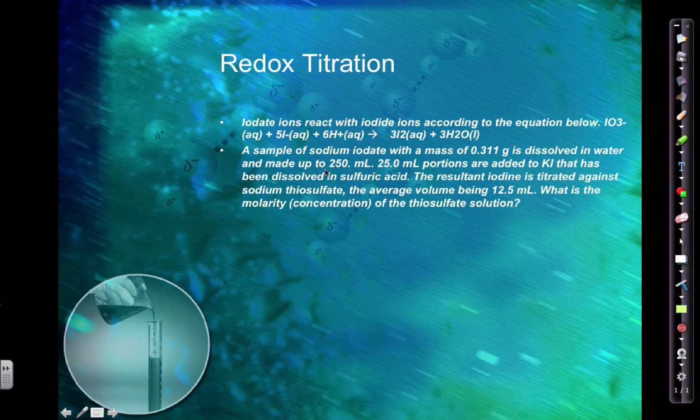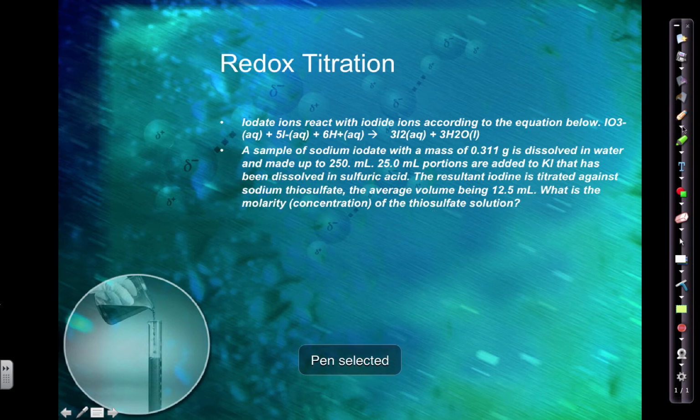So they made a solution, the entire solution is 250 milliliters. 25 milliliter portions are added to potassium iodide that has been dissolved into sulfuric acid. The resultant iodine is titrated against sodium thiosulfate, the average volume being 12.5 milliliters. What is the molarity of the thiosulfate?